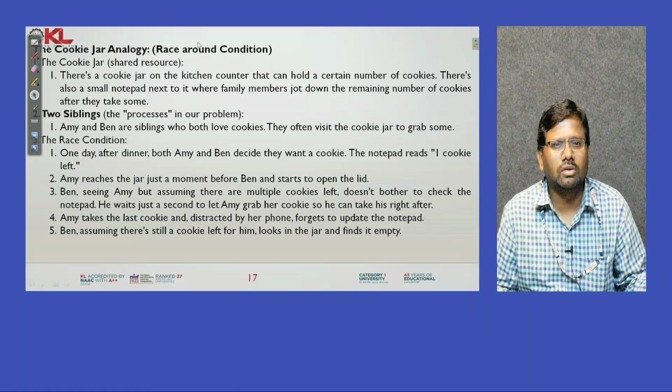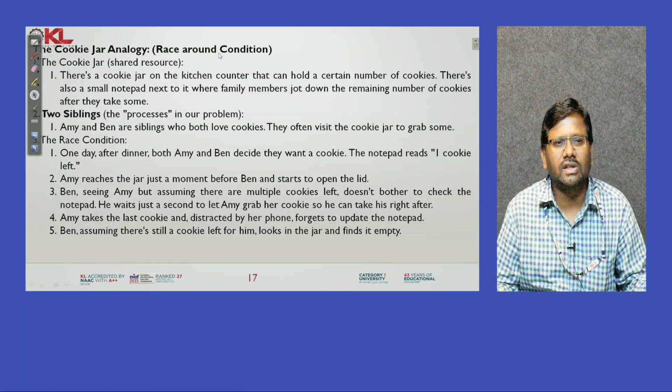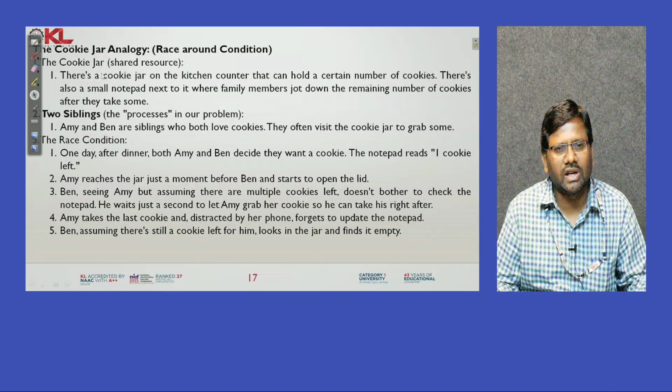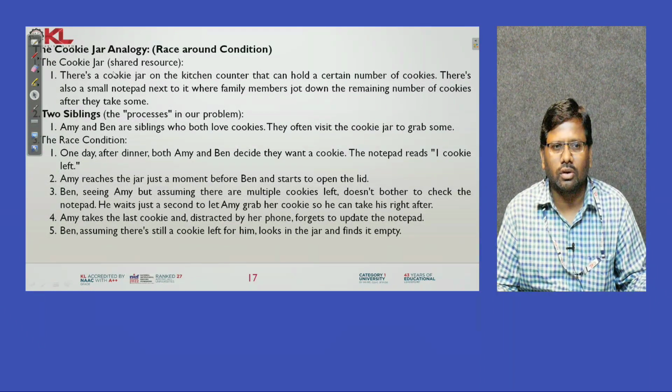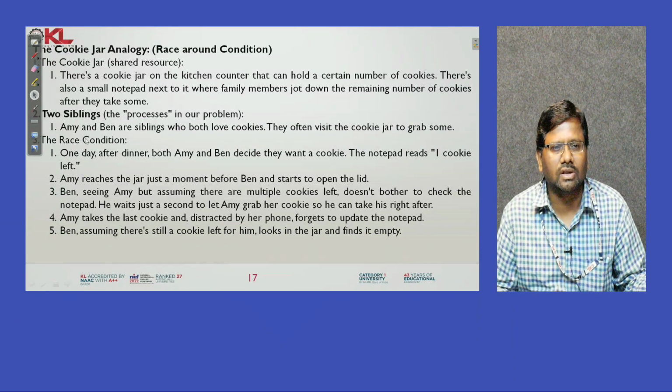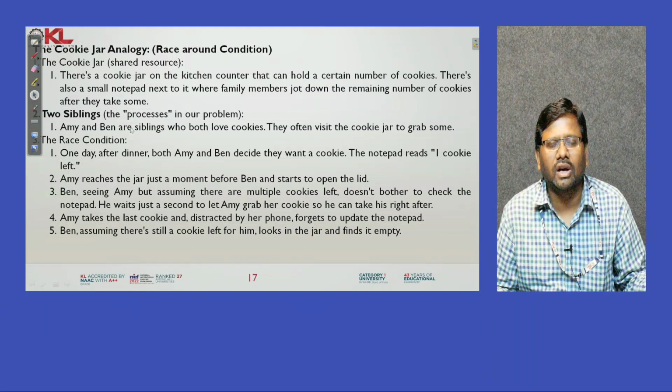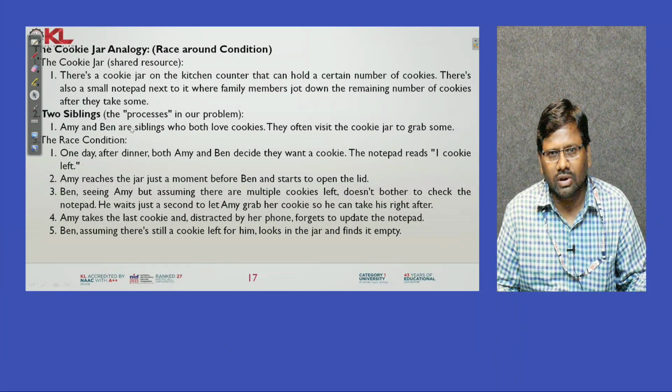Next, the cookie jar analogy, that is nothing but the race around condition. The cookie jar we can consider as a shared jar, in which cookies are being stored. Here two siblings, Amy and Ben, want to take cookies from the jar.